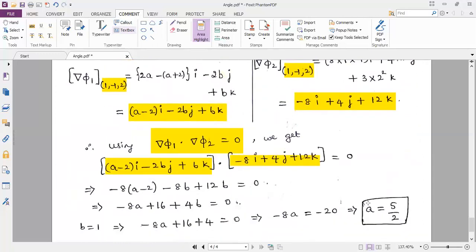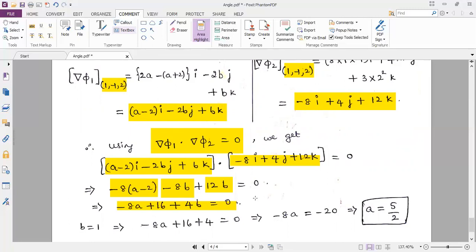Applying the dot product, recalling i·i is 1, j·j is 1, k·k is 1, and all the rest of the dot products are 0. So we get −8(a − 2), −2b into 4 is −8b, b into 12 is 12b, which simplifies to −8a + 16 + 4b = 0.